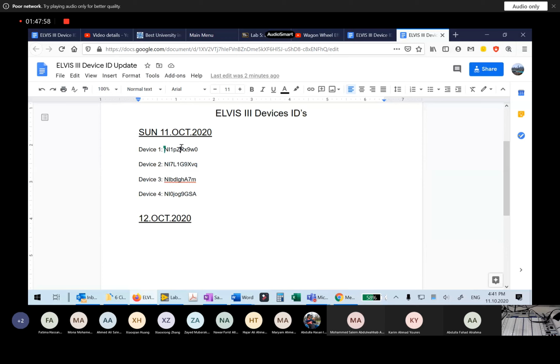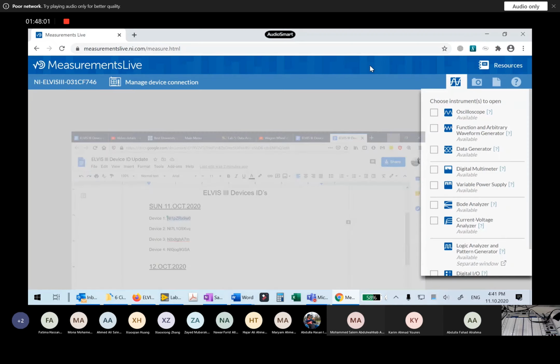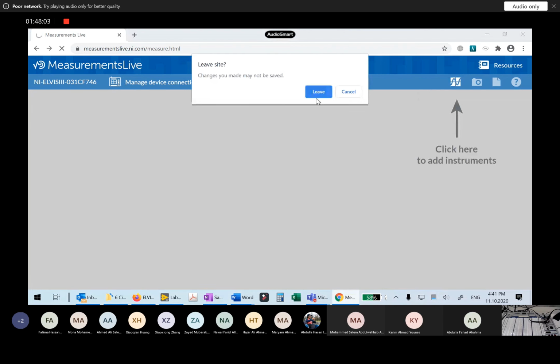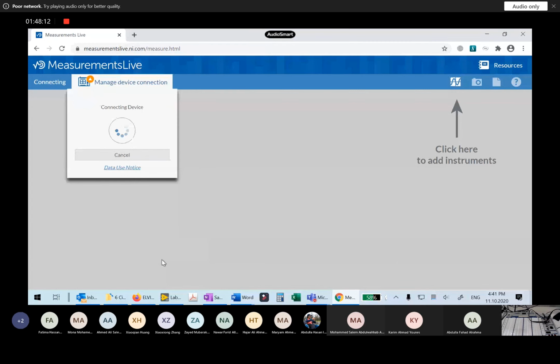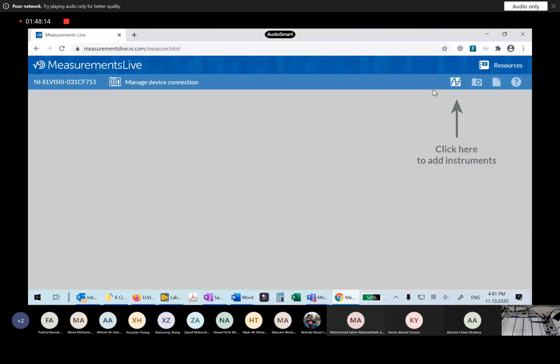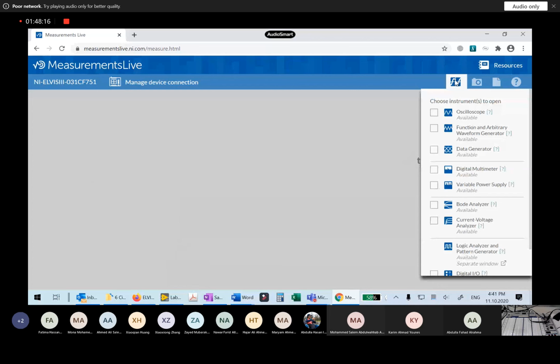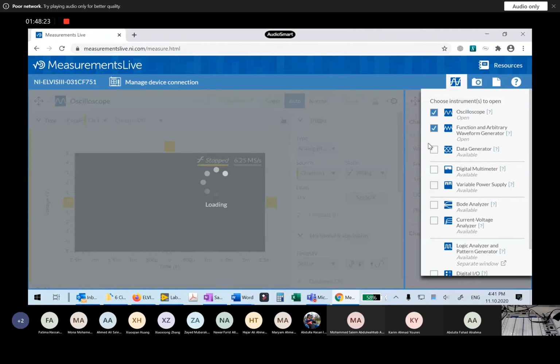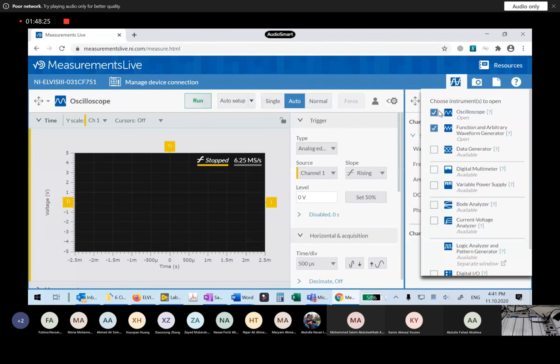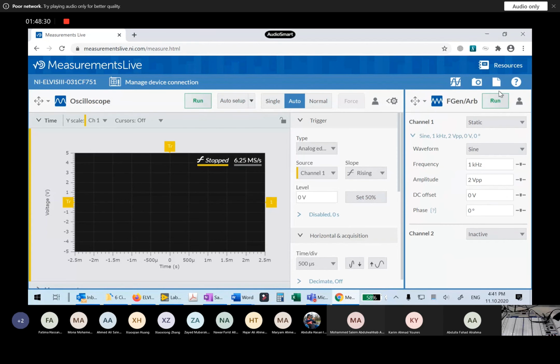Let's see device number 1. Let me just disconnect. Oscilloscope and function generator. Basically, I need to run both of these instruments, the oscilloscope and function generator.